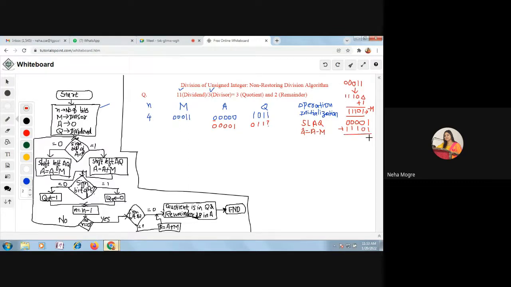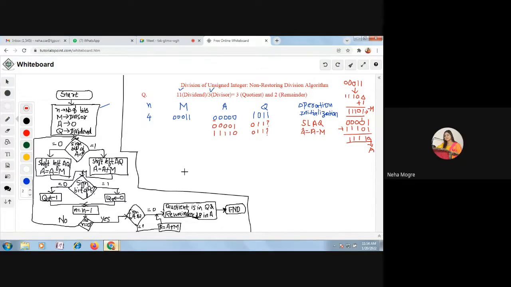So 1 plus 1 is 0, carry 1, and so on, giving 1 1 1 1 0. So this is your value of A. Okay, so this will be 1 1 1 1 0 and 0 1 1 and a question mark.